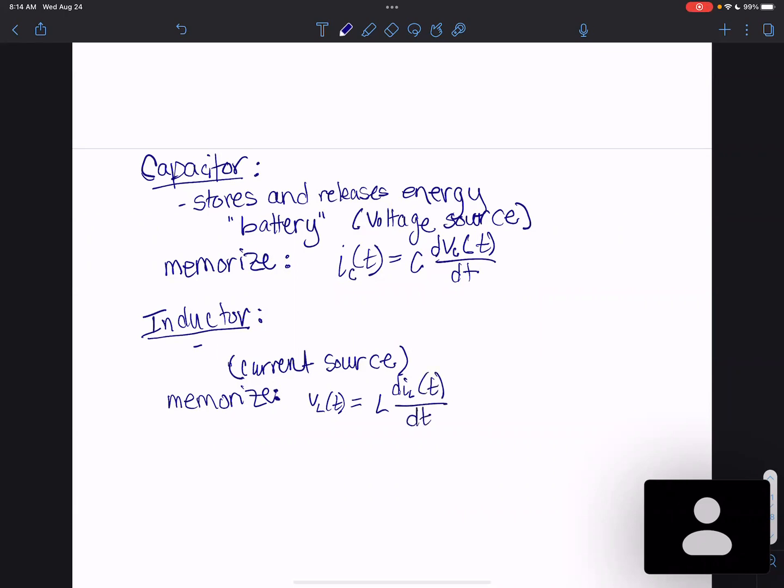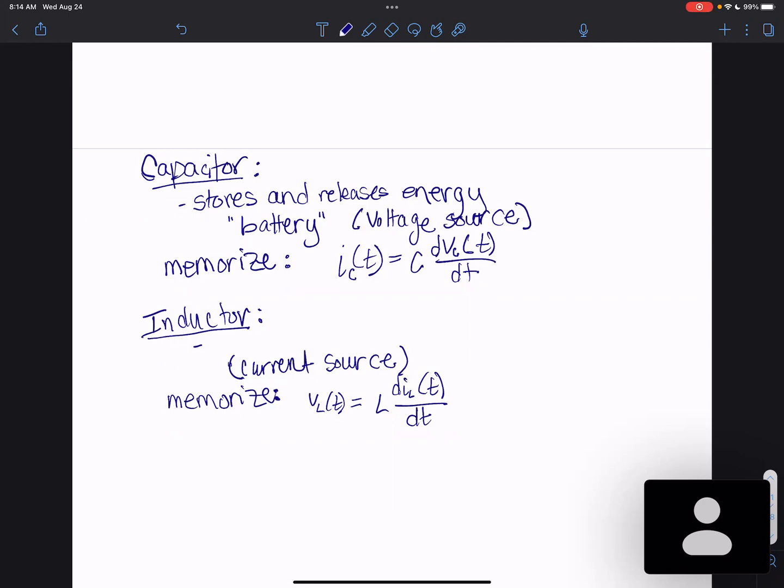So in this case, again, the voltage and current are time dependent, so they're what you're trying to solve for. And L would be a known value. The inductor is a little bit harder to understand in terms of storage and release, so usually just thinking of it as a current source may be better. I'm not going to put anything else there. I think that's probably sufficient.